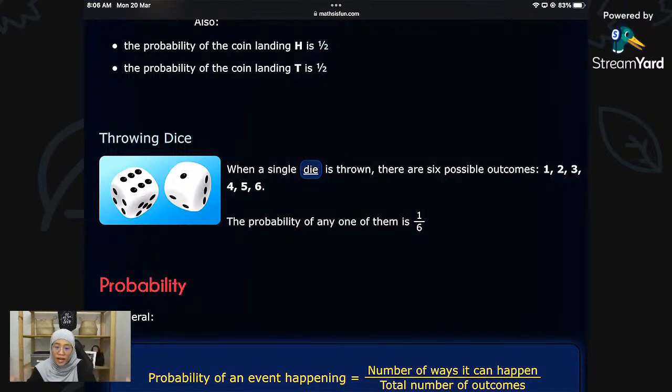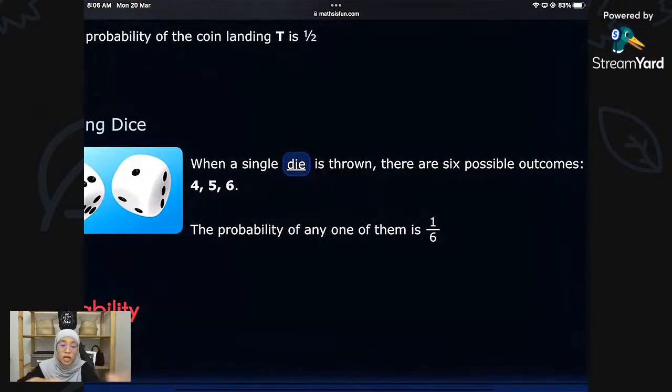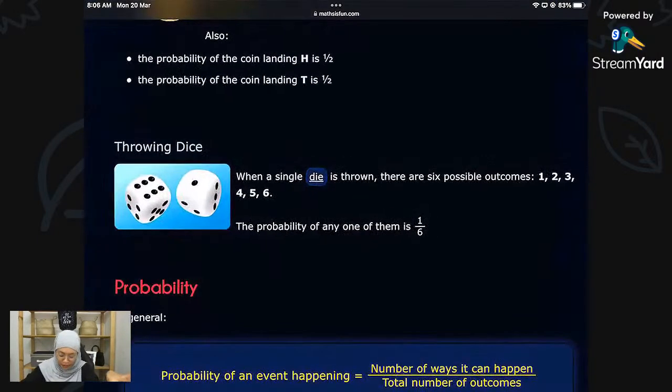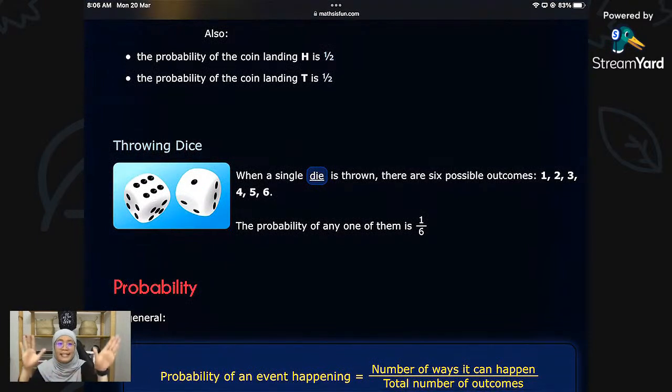Out of 6 permukaan, kita dapat 1 permukaan saja. That's why we call the probability of getting any one of them 1 over 6. Because we are not God, as I said, we can only find the probability.